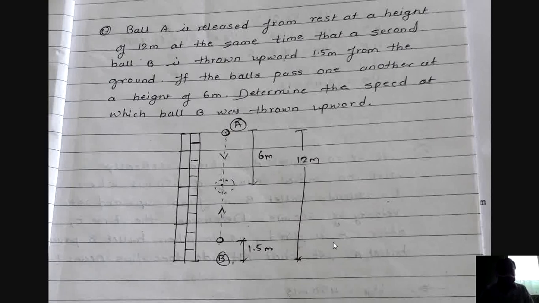So here, firstly we release ball A from 12 meters. Then ball B is thrown upward from 1.5 meters above the ground. From here we throw ball B.